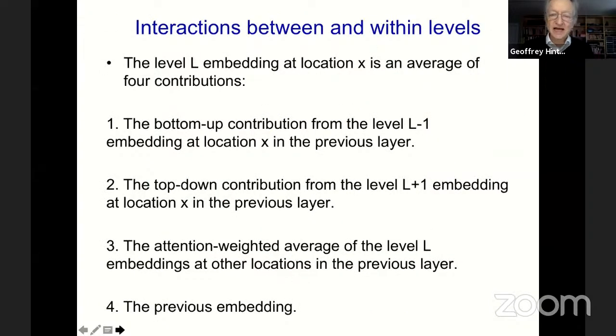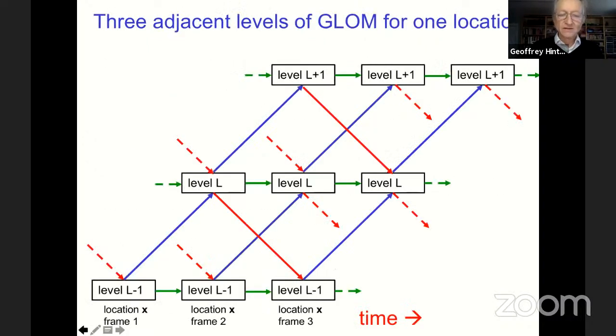And if you ask, how do you determine the level L embedding? It's determined by 4 factors. So if we go back a slide, if I can do that. If you look at the rightmost level L there, it's getting bottom-up input from the previous time step at level L-1. It's getting top-down input from the previous time step at level L+1.